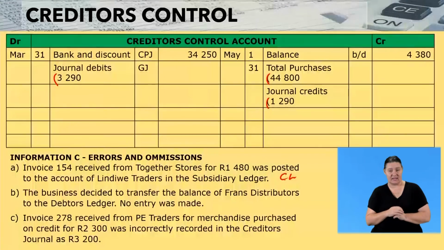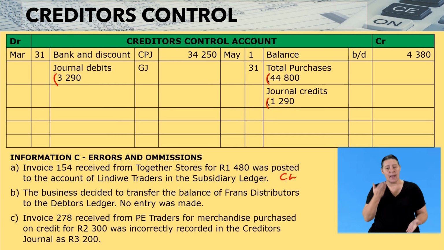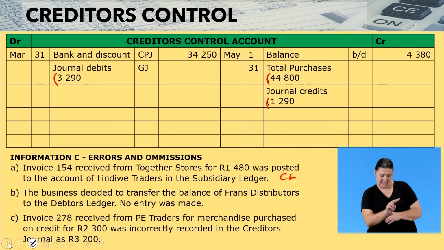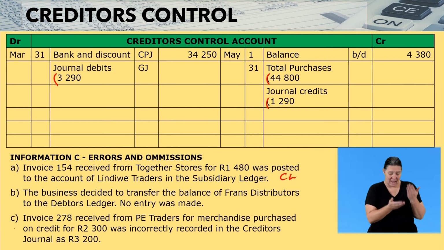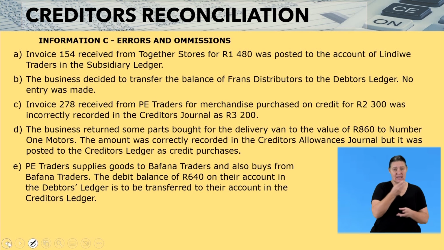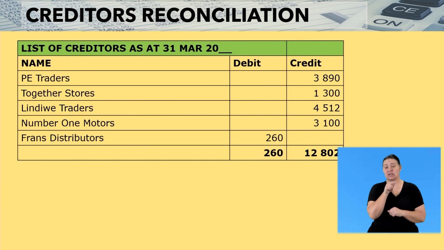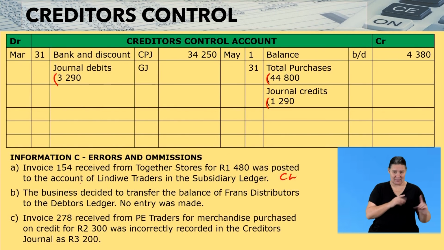B, the business decided to transfer the balance of France Distributors to the debtors ledger. No entry was made. When you come and see how much was the balance on France Distributors, you will see that they had a debit balance of 260, and it is a debit balance.